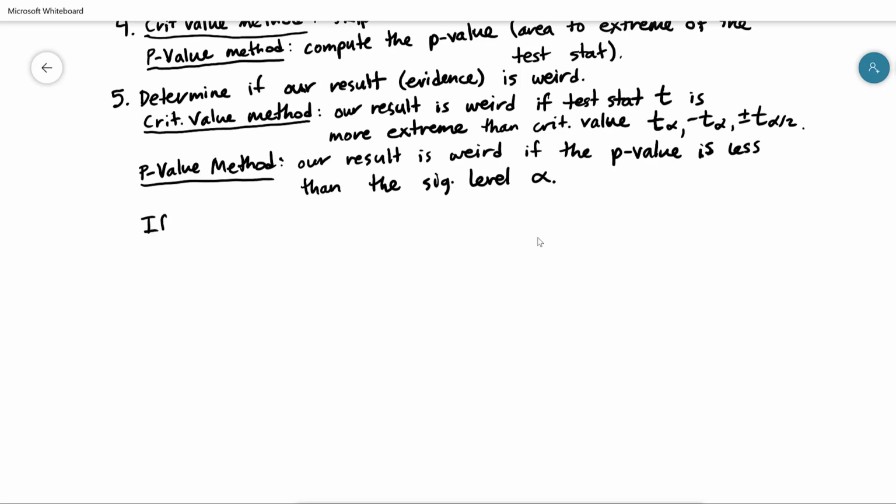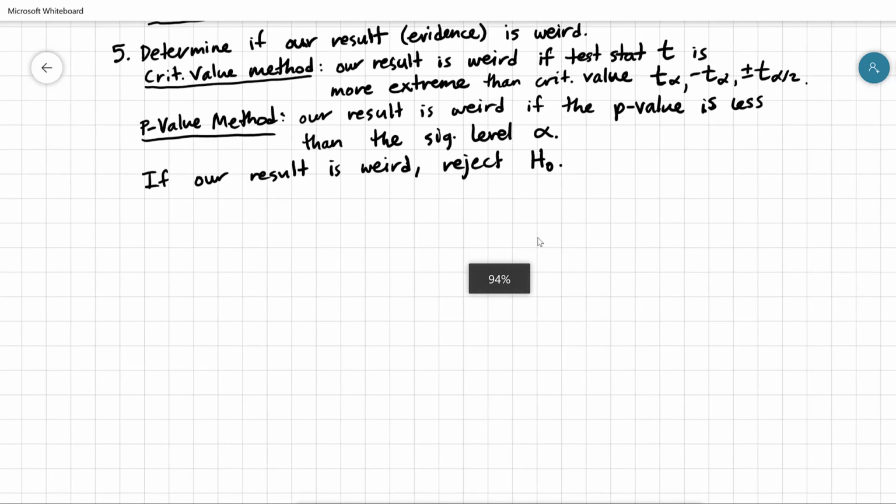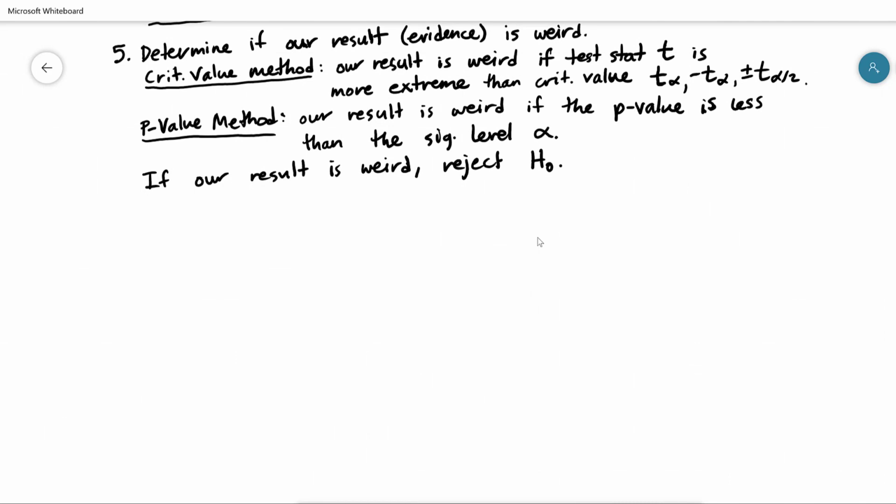If our result is weird, we reject the null hypothesis, because it's only weird under the assumption that the null hypothesis is true. We run through the entire problem assuming the null hypothesis is true, and at the end, if we're getting weird results, we say maybe it was a bad assumption to assume the null hypothesis was true.